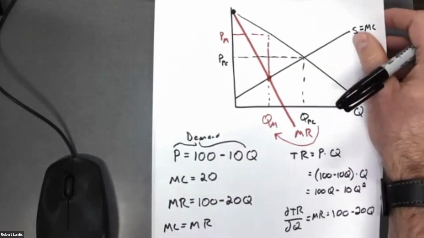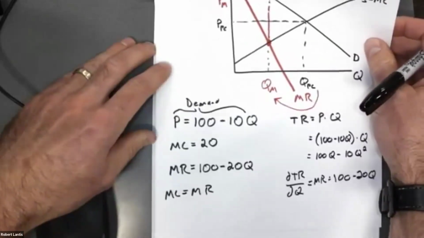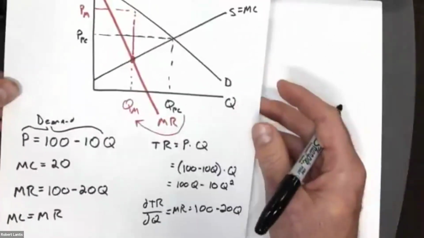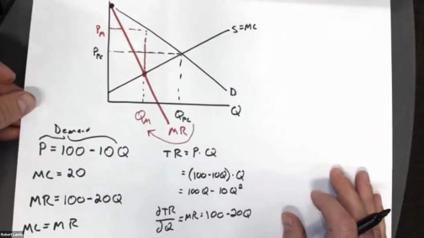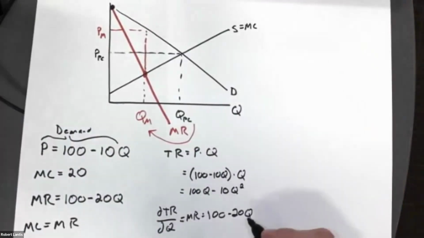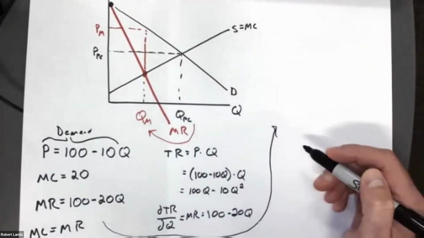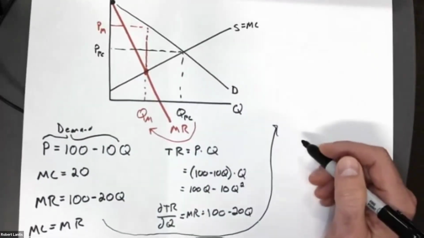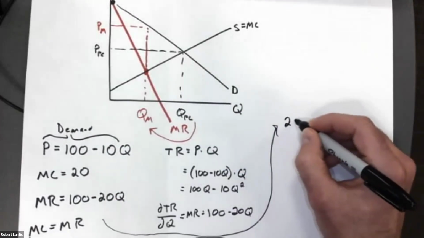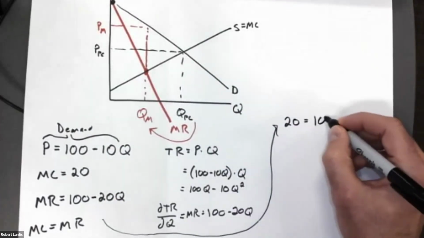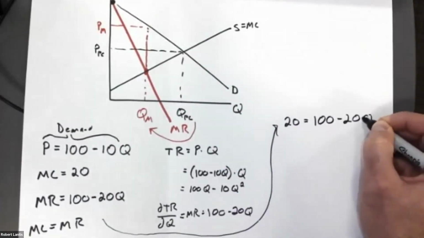Okay. So what am I going to do? Where is my marginal cost equal to my marginal revenue? Well, my marginal cost was 20. My marginal revenue equation is 100 minus 20Q.